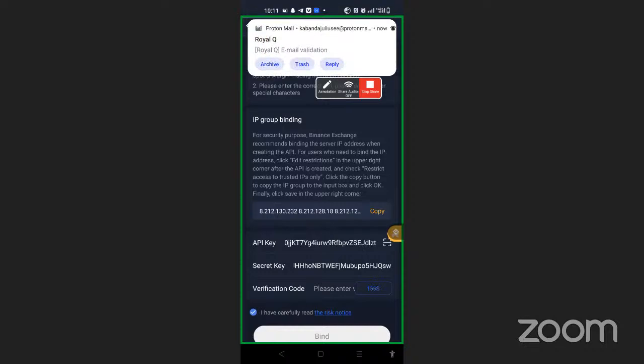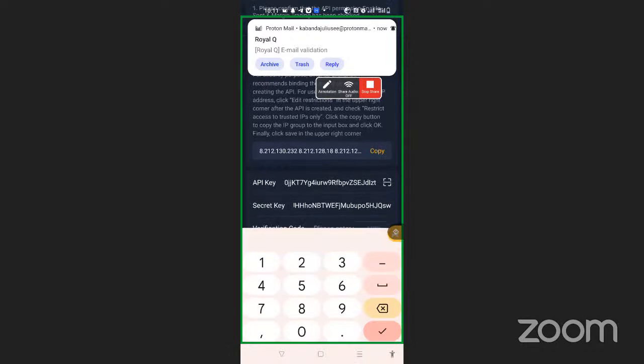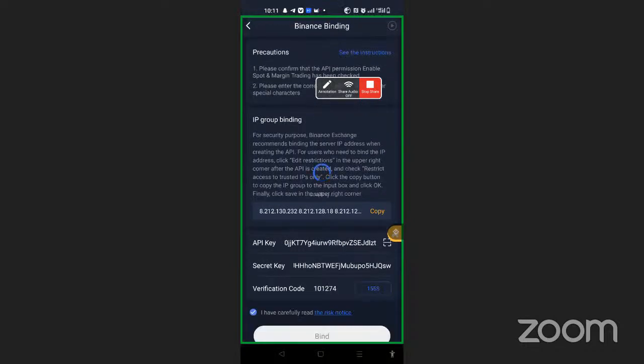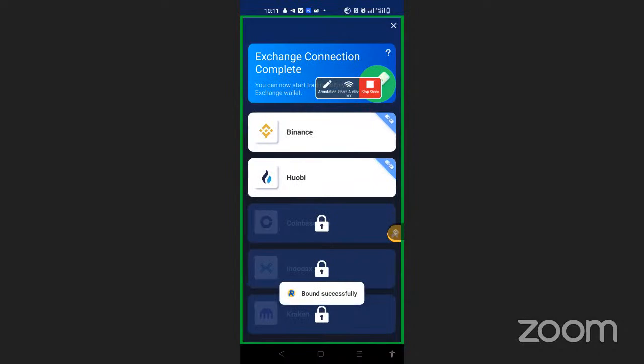Then I'm going to get my code. Then I bind. So that is how you bind.